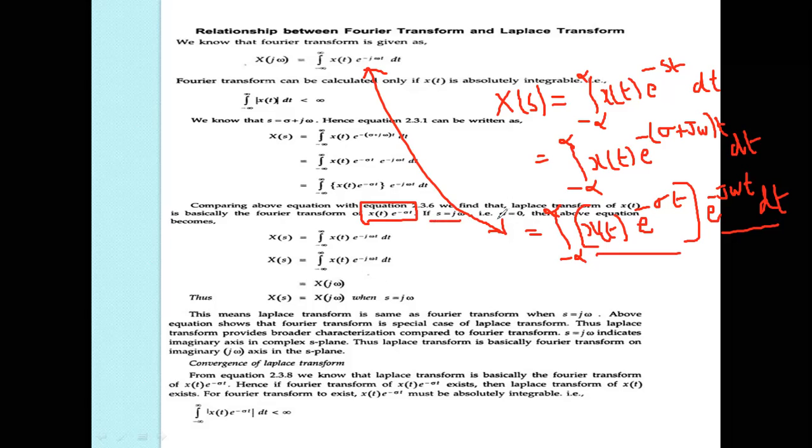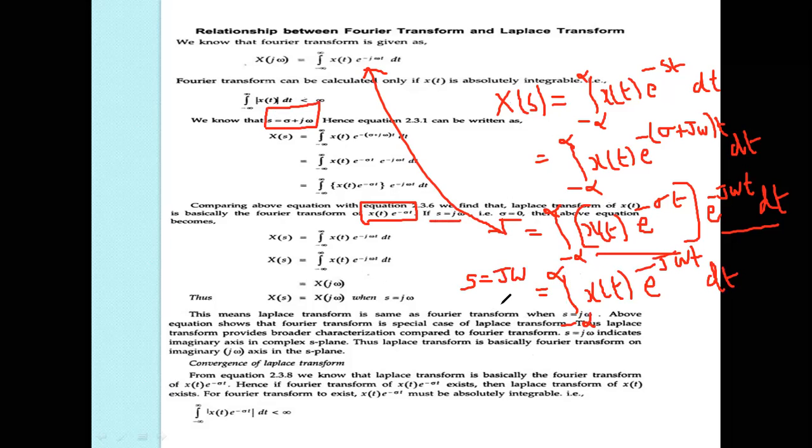If S equals jω, that is σ equals 0 in the above equation, because here S equals σ + jω. The integral from minus infinity to infinity of x(t), with σ equal to 0 meaning e^0 is 1, times e^(−jωt) dt.